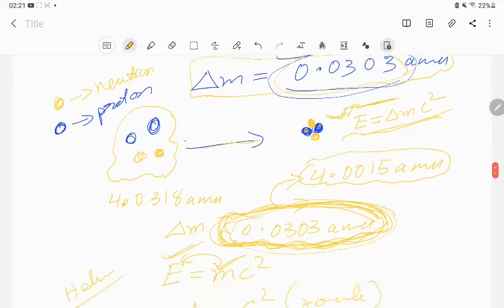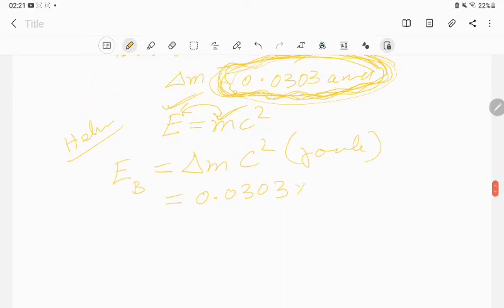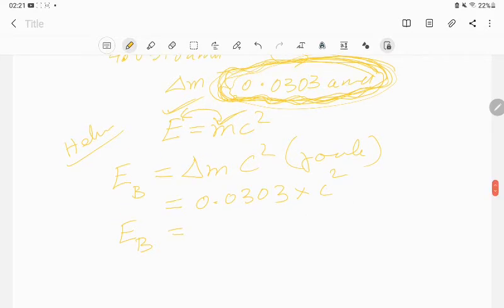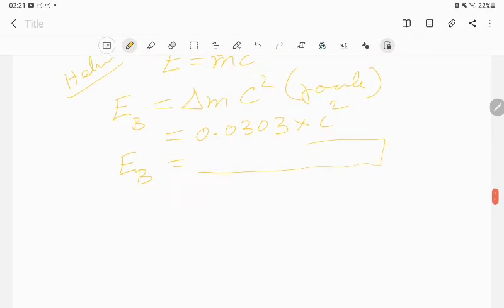You do this calculation and find the binding energy of the helium nucleus. c is the velocity of light, you know the value, right? Put the value and do the calculation. So here you will get the binding energy.